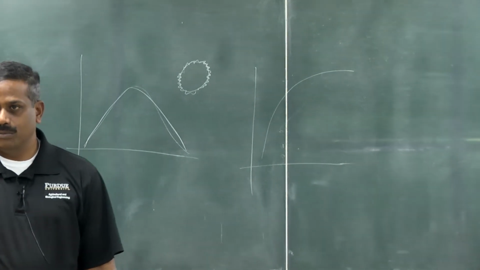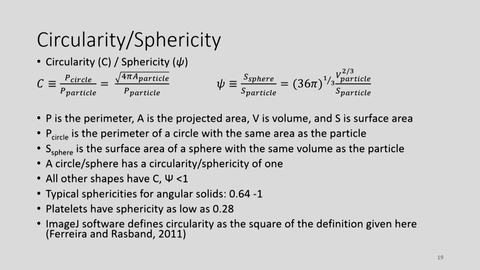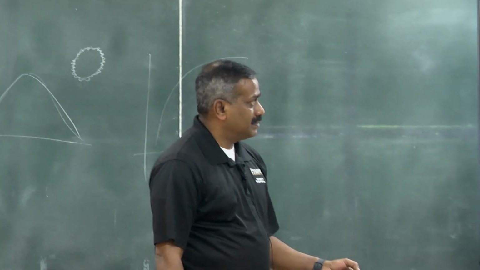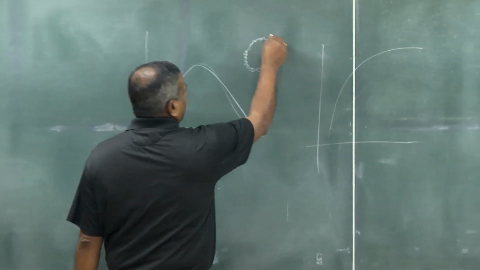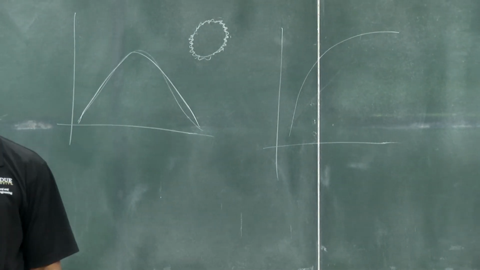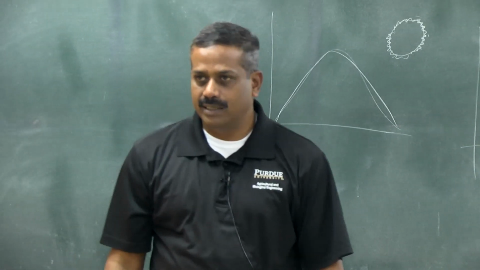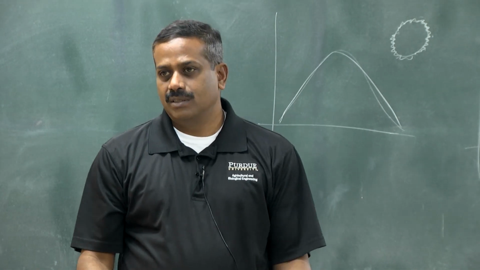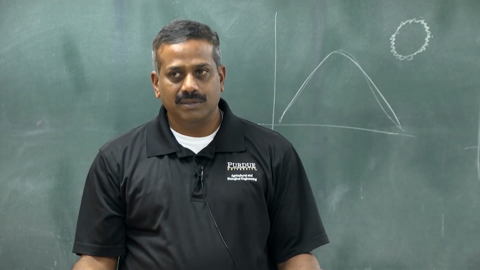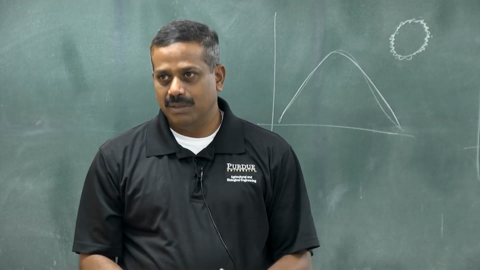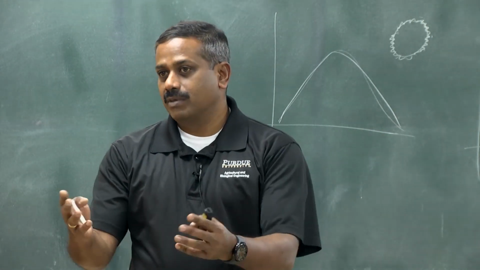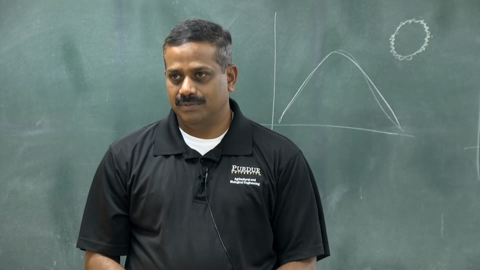Its circularity will be high, but its compactness will not be high, since compactness is calculated based on the area. You will have lots of white spaces here, so its compactness will be different from its circularity. It quantifies closeness to a circle, but you might have different values for different particles.